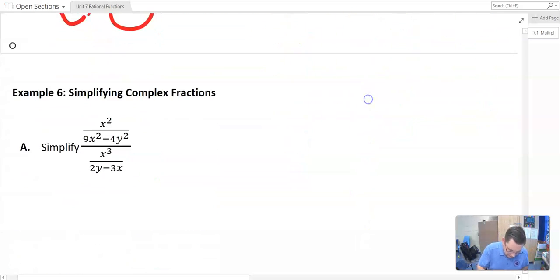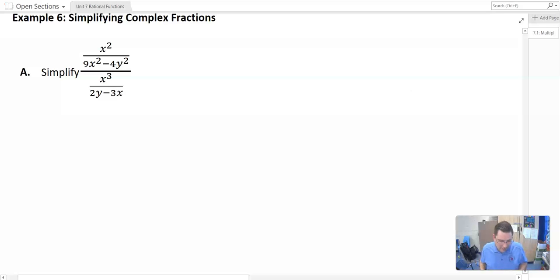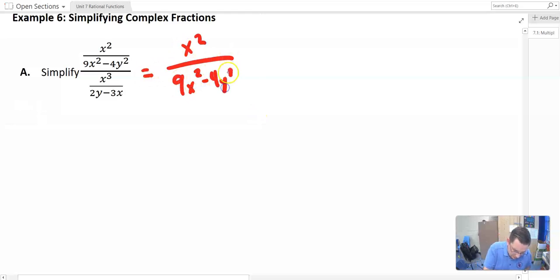So, let's take a look at this example. We've got x over 2 over 9x squared minus 4y squared, and then x over 3 over 2y minus 3x. So we've got that fraction in a fraction. And so we're going to rewrite this first as division. Now, if you are comfortable with this, you could do this in one step and write it as a multiplication.